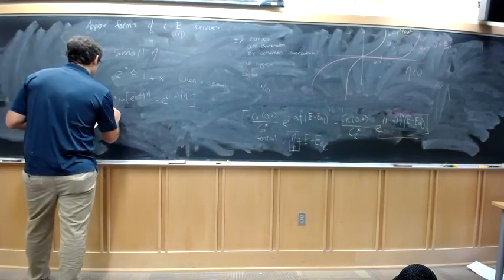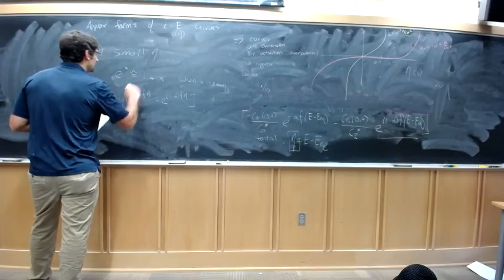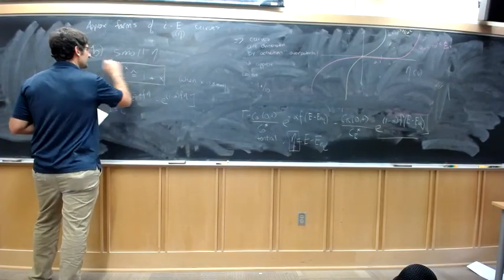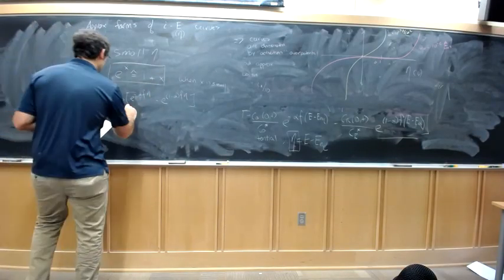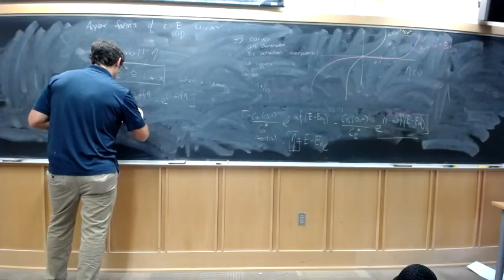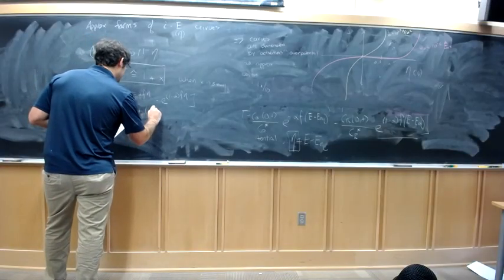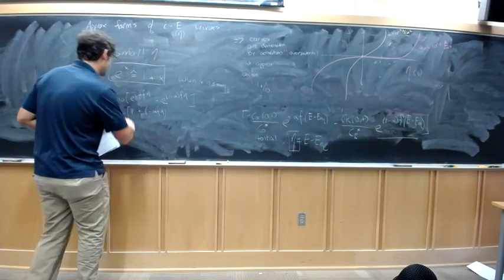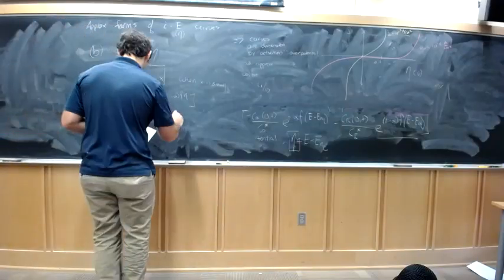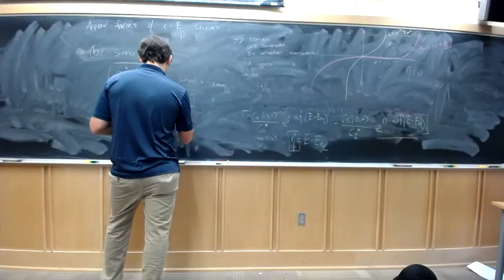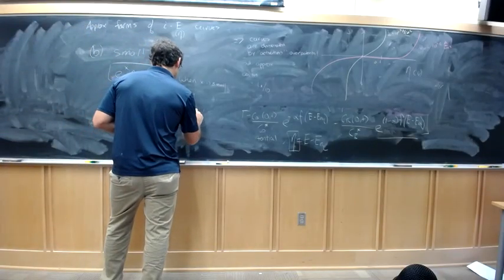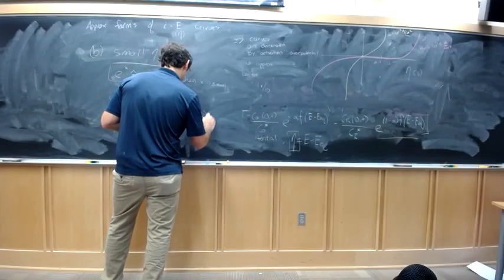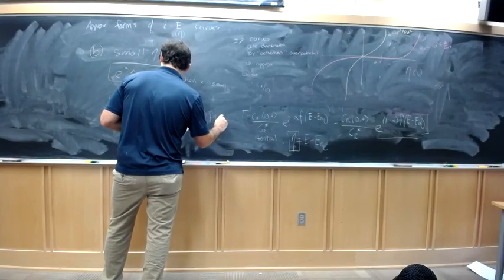And then I can plug in this approximation, and I get I naught times 1 plus negative alpha f eta, minus 1 plus 1 minus alpha f eta.